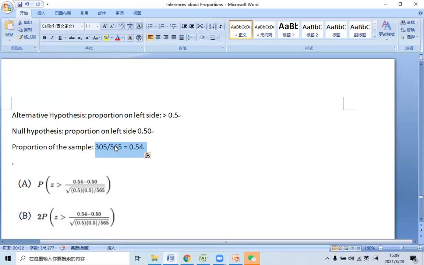You checked 565 cases, and out of these cases, 305 are on the left. Your sample proportion is 0.54. Is it large enough to reject the null hypothesis?